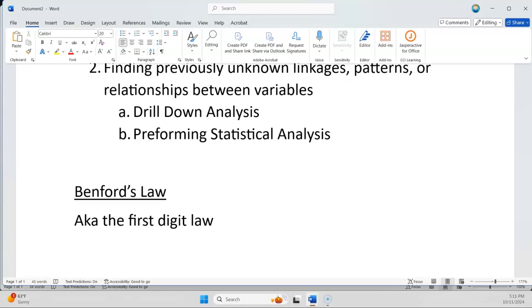So what does Benford's law say? Well, it says the first digit of a number is more likely to be small than large.